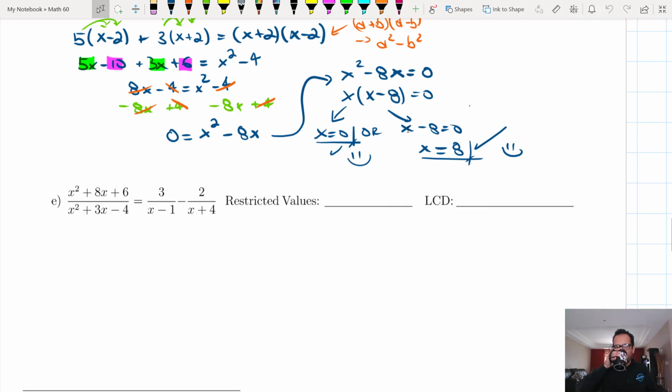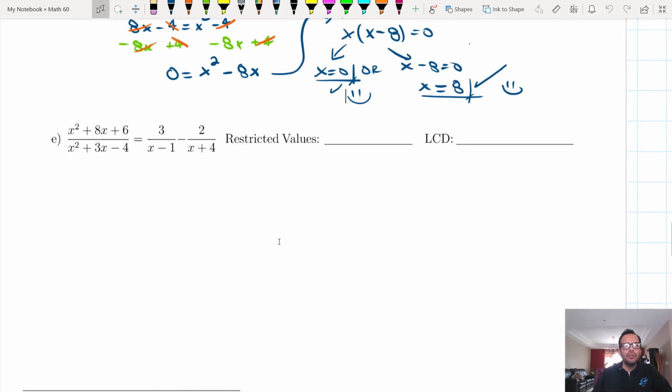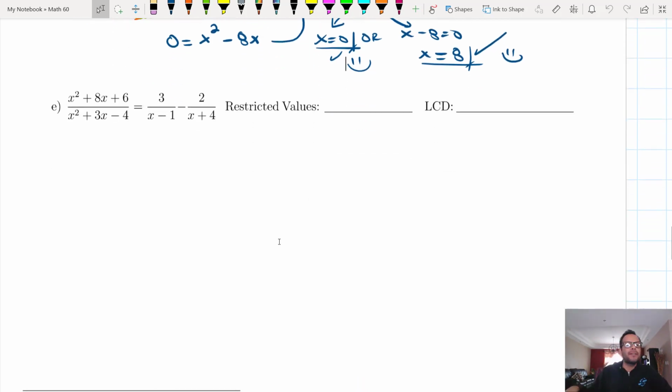Okay, let's see. For letter E, the left-hand side looks really big, all right? However, let's not worry about factoring the numerator. In fact, we don't care about numerators at this point, right? We're going to take care of the denominators only.